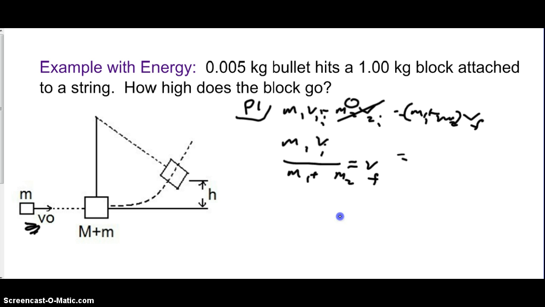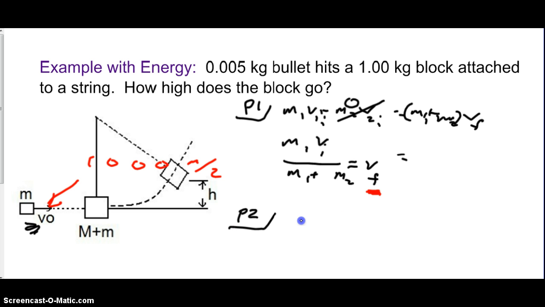And I'll actually leave that to you because I want you to take a look at it. And then let's assume that this V initial is 1,000 meters per second. Then you will plug this into part 2 to find out how high this block goes.